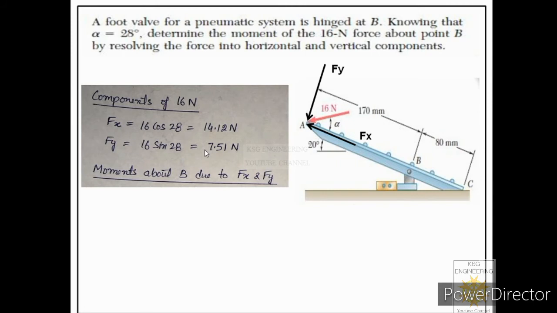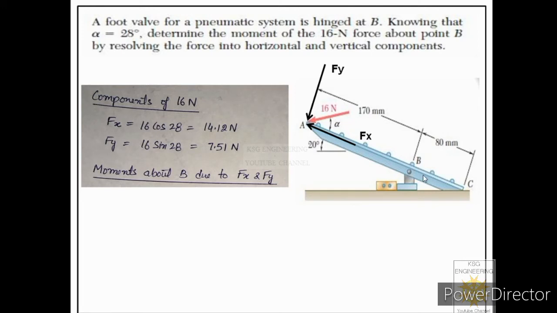Now we will find the moment because of these two components about point B. One very important point to understand: when you find the moment because of Fx about point B, you will see that the perpendicular distance between this component and the moment center is 0, because the line of action of this component intersects with the moment center.